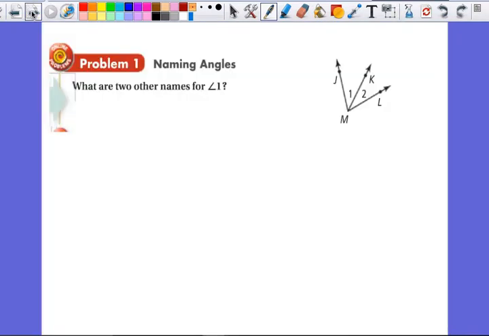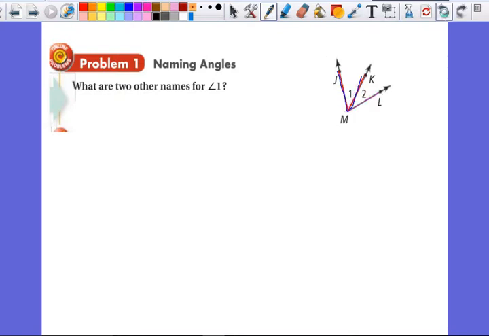All right. So what are two other names for angle 1? Well, guys, if you look, angle 1 is just this part, all right? So we cannot use the whole thing. We can only use what's given to us for that. Well, a lot of people would try to call this angle M. We can't do that, because angle M could be one of three angles. It could be this, it could be this, or lastly, it could be the entire angle.